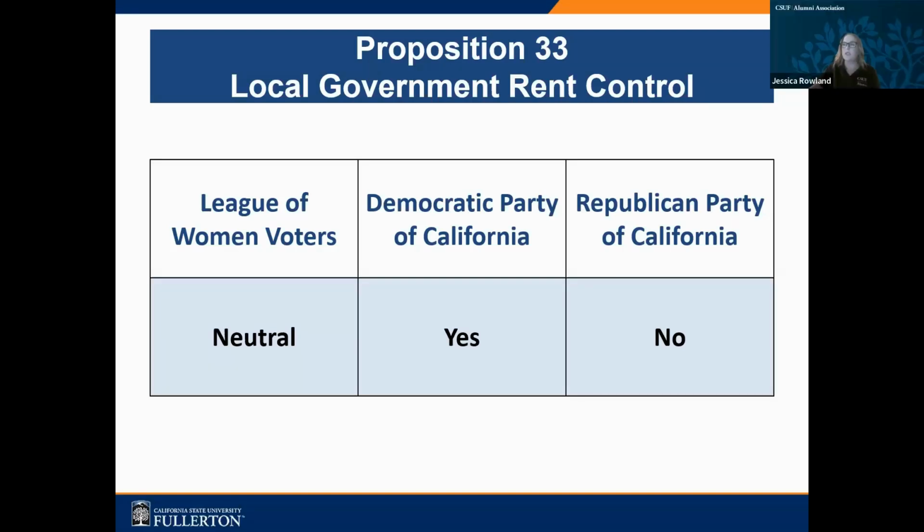A question came in: what is the benefit to local government having rent control versus the state level having the control? That's a great question. So some of the issue here is just a local control argument that local government should be able to make these kinds of decisions for themselves. The reason for the state to have a say is because the housing crisis is a statewide issue.